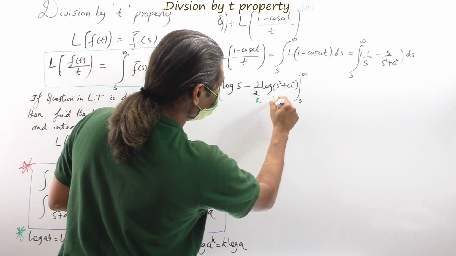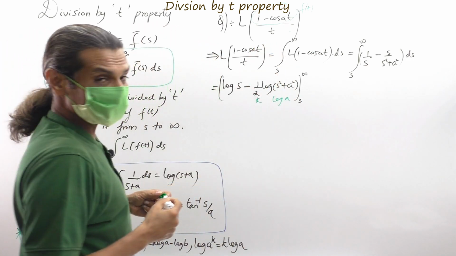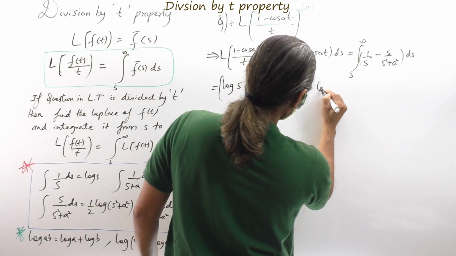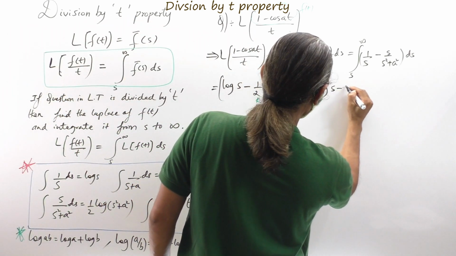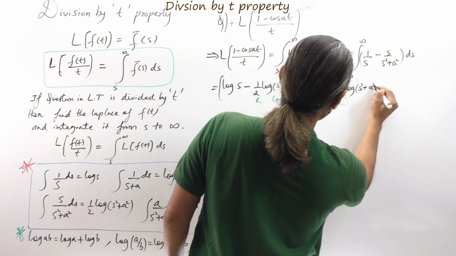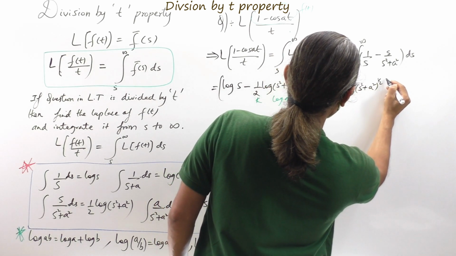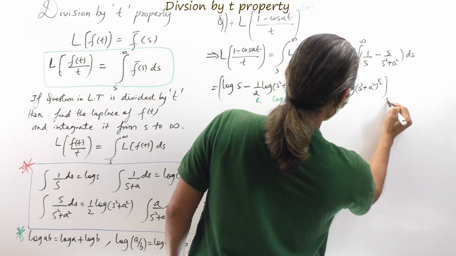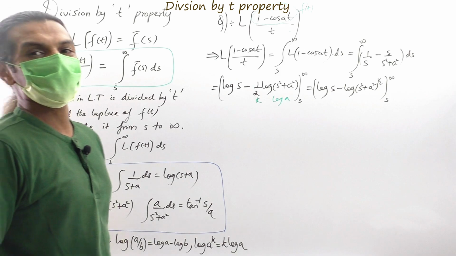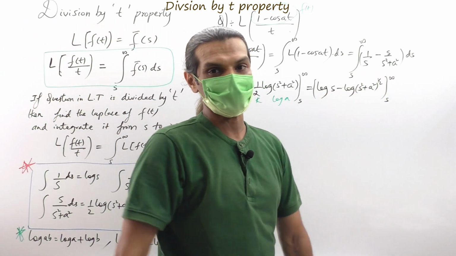So, k log a means log a raised to k. Make it log, then you will be able to solve. So, now this will be written as log of s minus log of s square plus a square raised to 1 by 2, from s to infinity. Fine. So, now this looks more standard, log minus log is there.